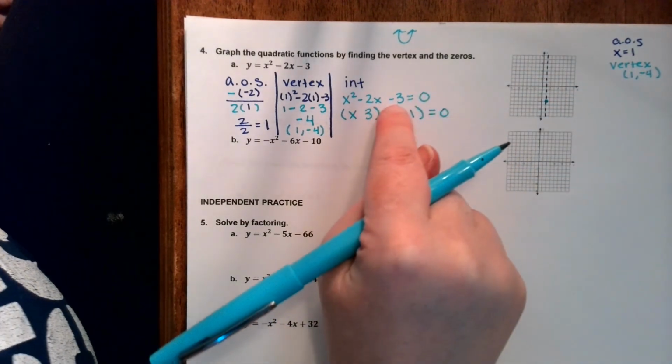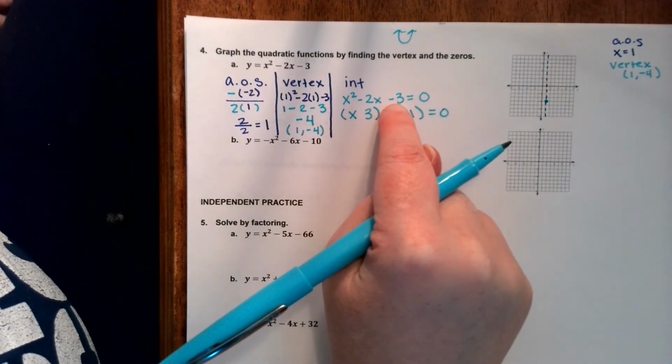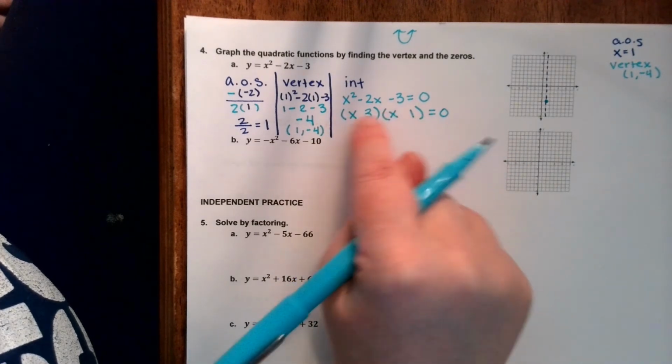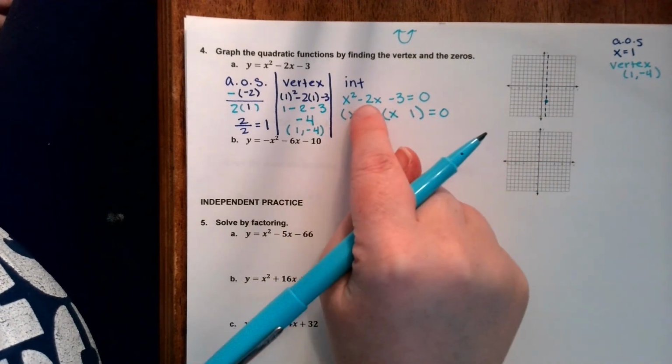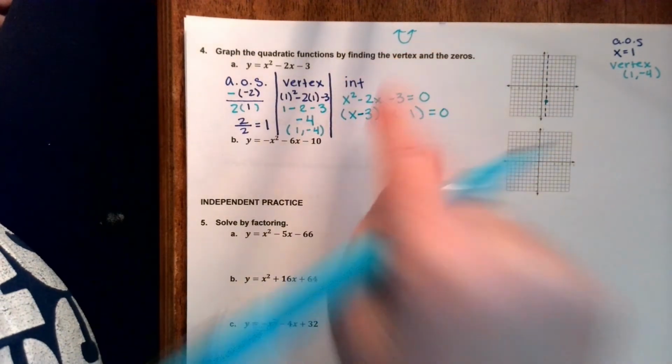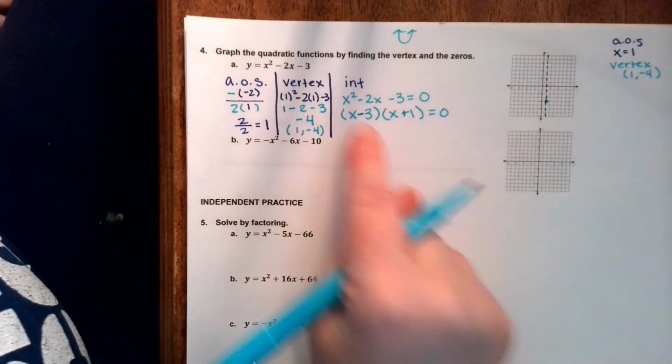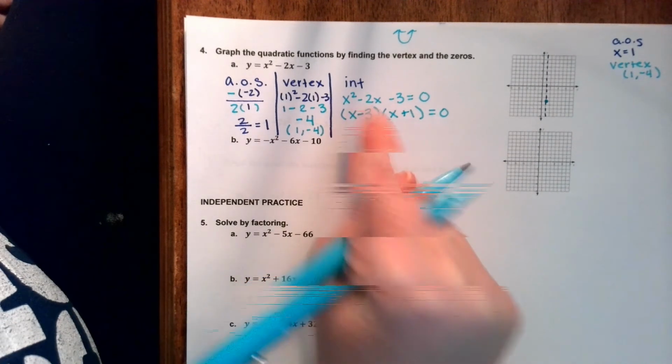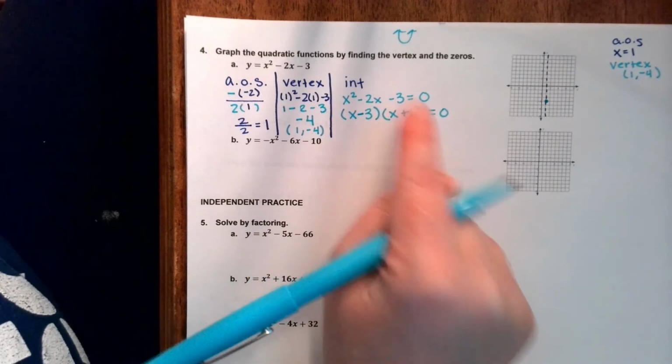Now this is negative, which means these are going to have different signs. And my 2 is negative. So that means my larger number is negative and my smaller number is positive. So negative 3 plus 1 does give me negative 2. Negative 3 times 1 gives me negative 3.